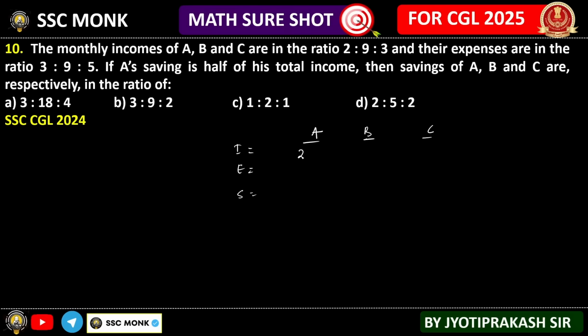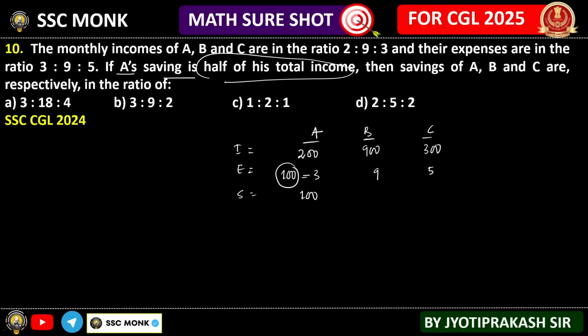Now here A's income is 200, B's income is 900, C's income is 300. Their expenditure ratio is 3, 9, 5. I'm writing it. A saves half of his total income. So total income 200, so he is saving 100. That means the remaining 100 rupees is equal to his total expense.